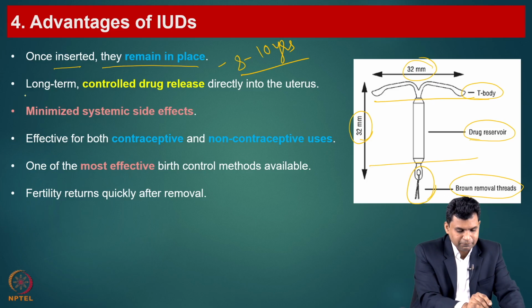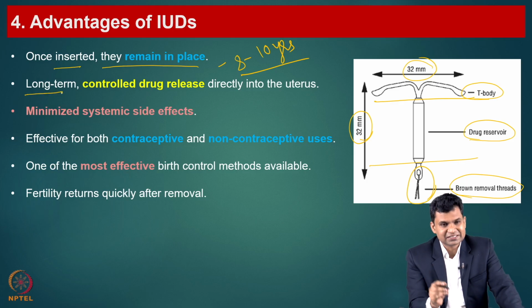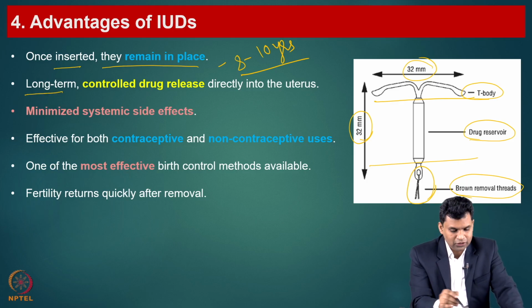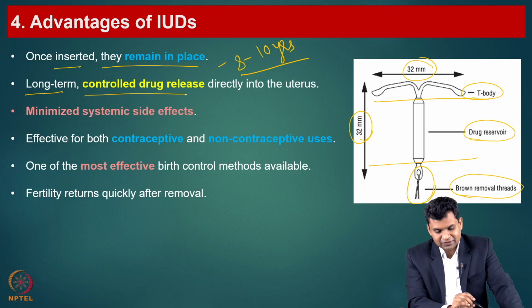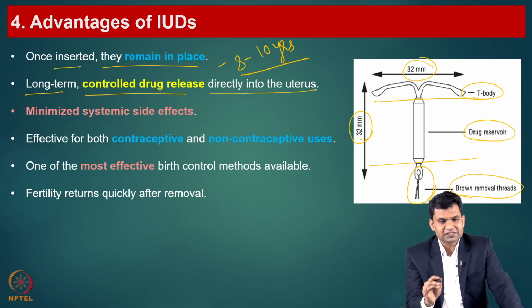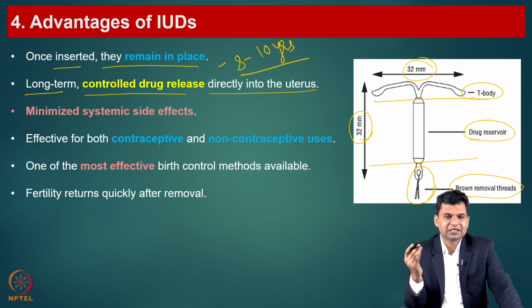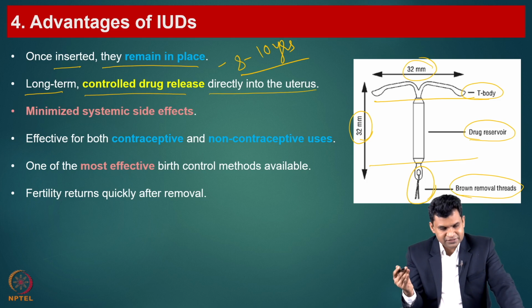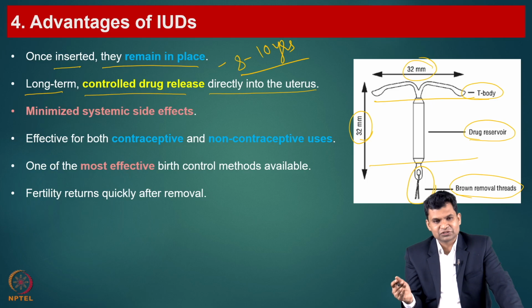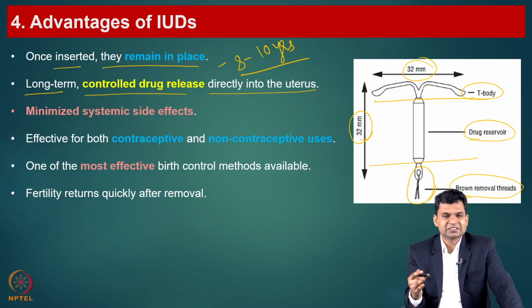And the second point, as we already discussed, it will provide long term and controlled drug release directly into the uterus. Whereas, if you want to target, say, lung diseases by the oral route or by the intravenous route, you are making controlled release.